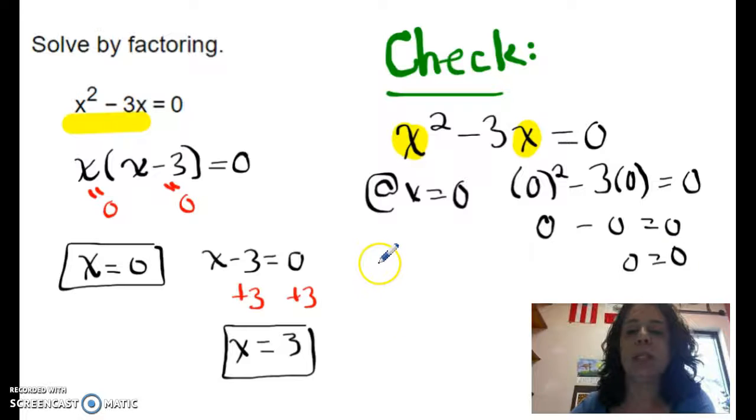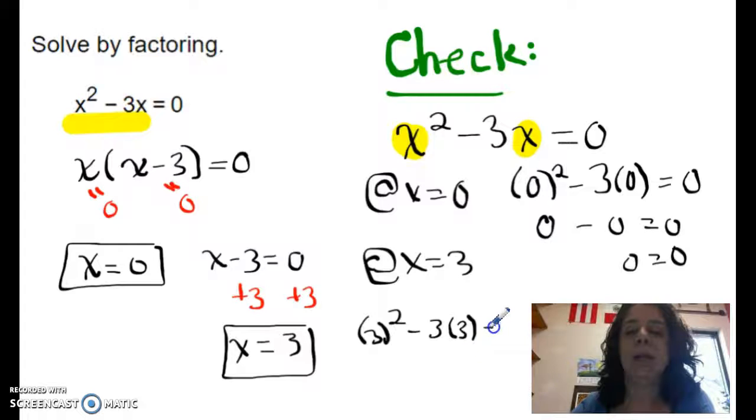And then we would do this again for x equals, what was our other solution? 3. And so again, instead of x, I'm going to write a 3. So I have 3 squared minus 3, and then instead of my x, I'm going to write 3 equals maybe 0.